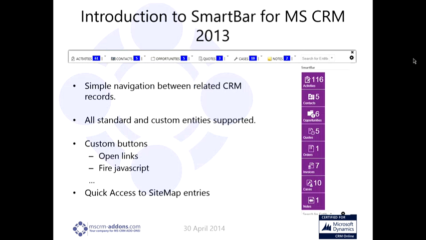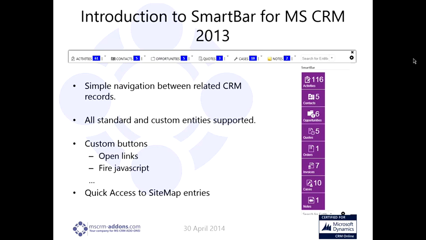So let's go ahead and introduce the SmartBar. Basically, the SmartBar is the next step from our 2011 add-on called Record Counter. One of the things that we did notice when we got 2013 is that it was really nice and easy to see everything in there because you do not have the sidebar and you don't have the ribbon up top.